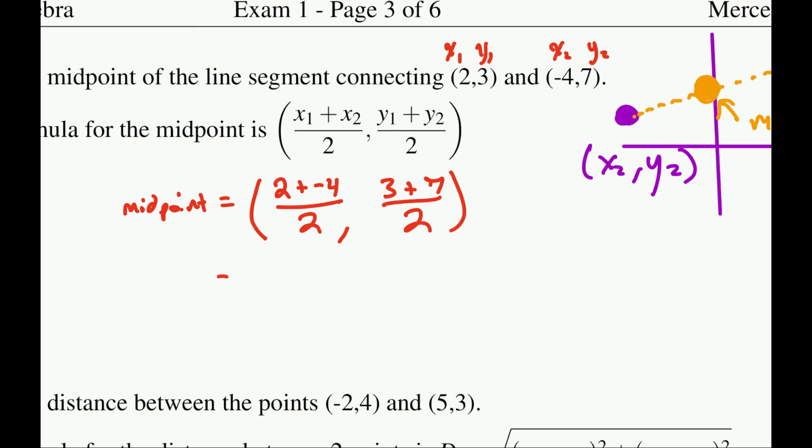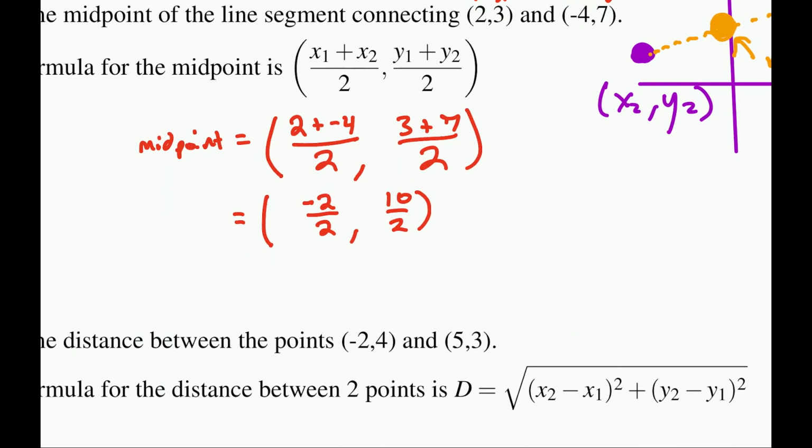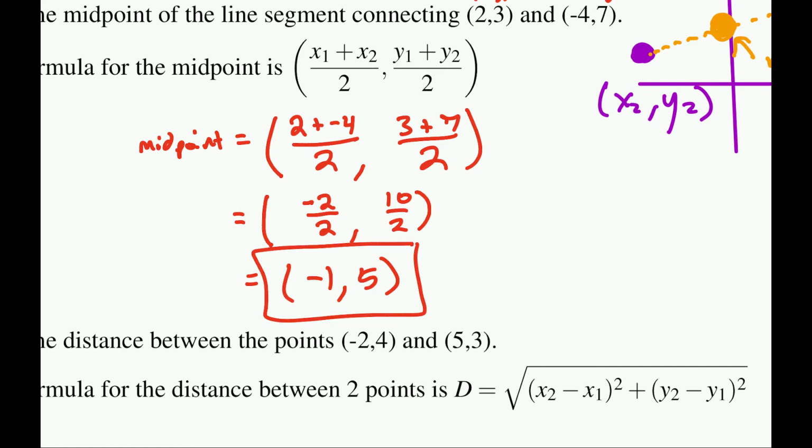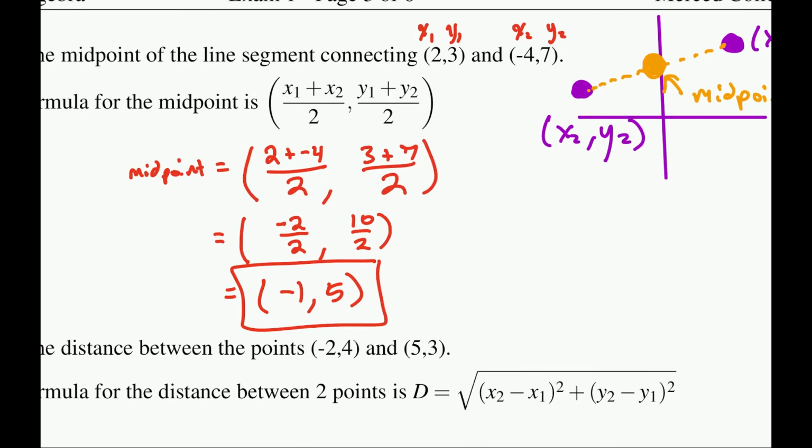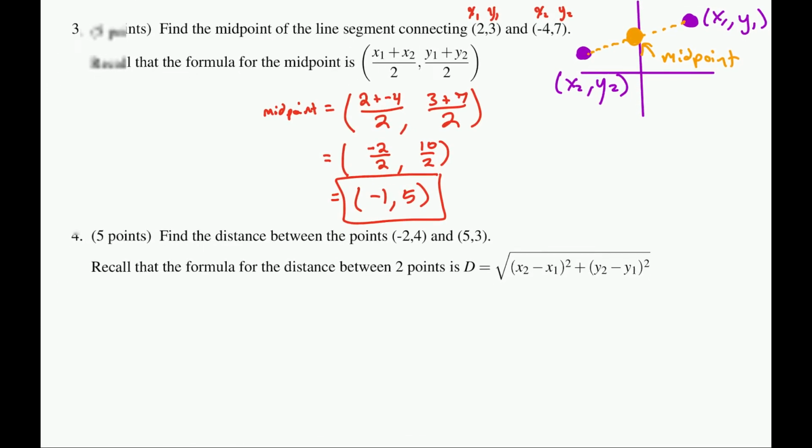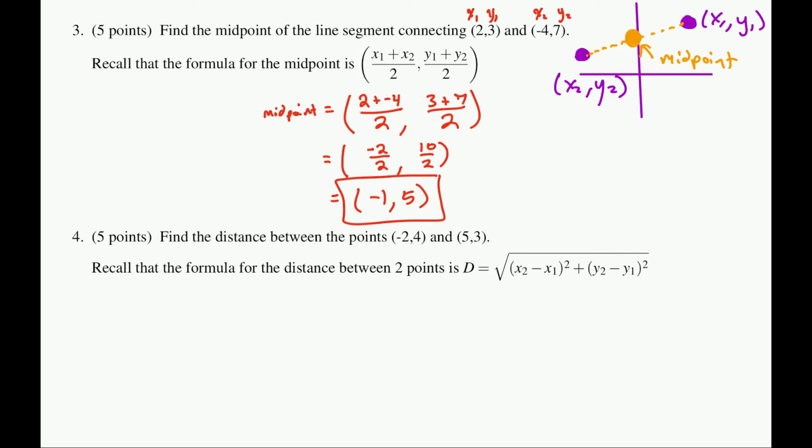And then you just simplify that. So 2 minus 4 is -2 over 2. 3 plus 7 is 10 over 2. And that's going to be -1 comma 5. And that is my midpoint. Just looking at it for a second, yeah, that looks right. So we're just using the formula, and that's it.